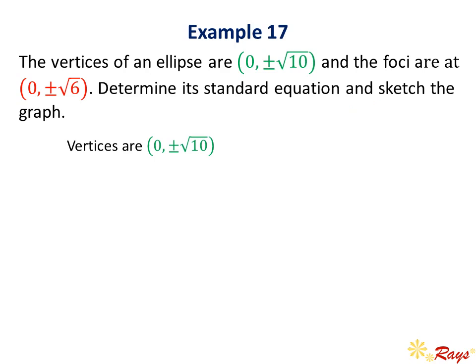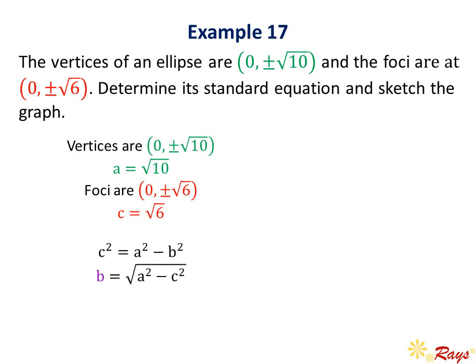We are given vertices. So now a equals square root of 10. We are given foci. So c equals square root of 6. So now we can find the value of b by using this formula. So b equals 2. We know that the major axis is along the y-axis, which is vertical.